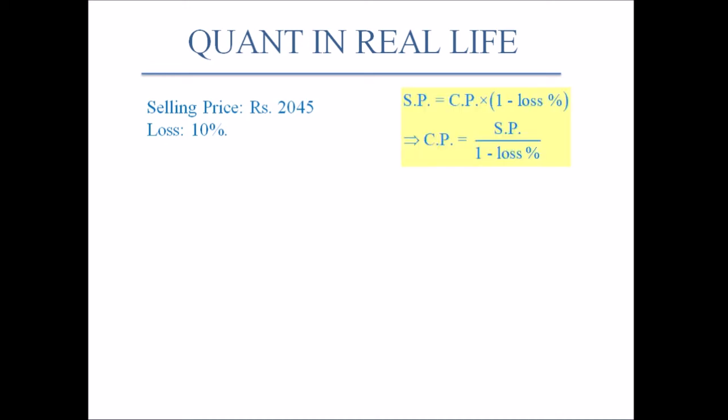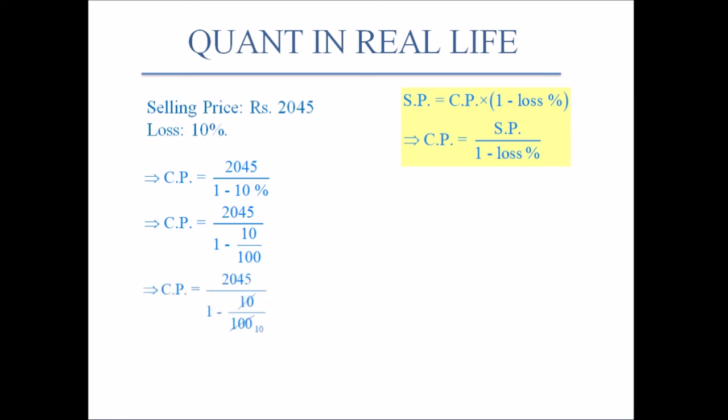Here selling price is equal to cost price into 1 minus loss percent, which implies cost price equals selling price upon 1 minus loss percent. After substituting the values, we get cost price equals 2045 upon 1 minus 10%. And 10% can be written as 10 by 100. So cost price is equal to 2045 upon 1 minus 10 upon 100.